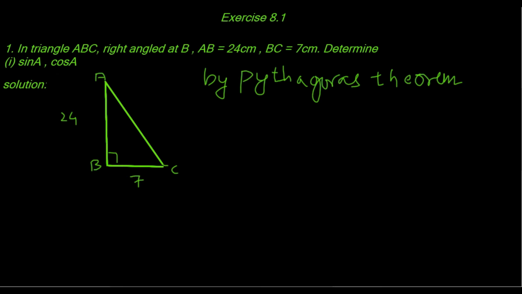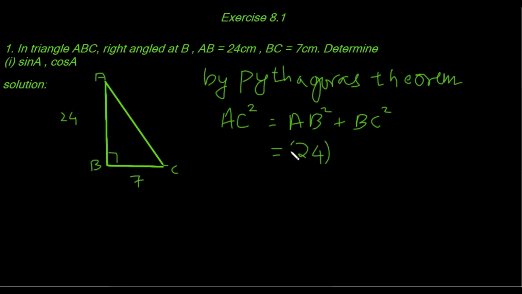Now let's write the formula: AC square is equal to AB square plus BC square. Since we know that AB is 24 centimeters and BC is 7 centimeters, let's substitute it.